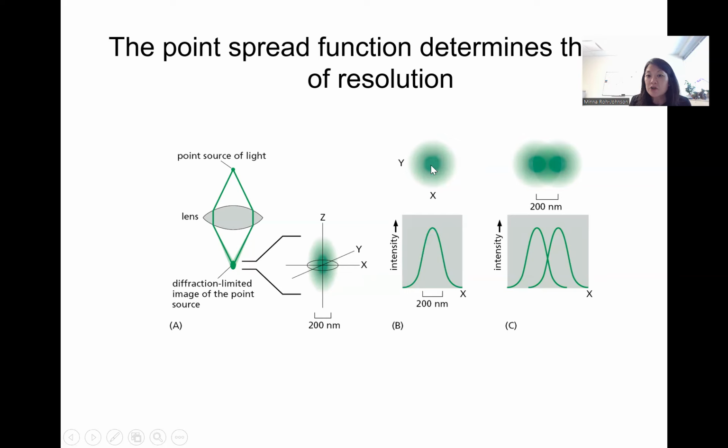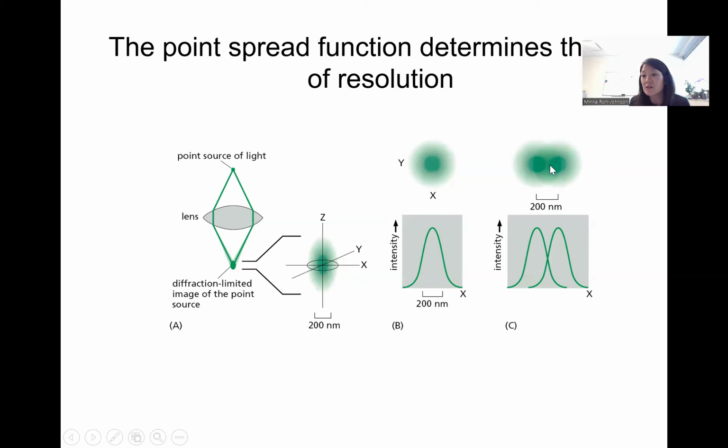It means that if you had 2 points that are really close together, because of that point spread function, they would begin to overlap. The limit of resolution for most light microscopy is 200 nanometers. And that means like if there's a sample here, like a GFP molecule here and a GFP molecule here, you might be able to resolve them as 2 separate GFP molecules if they're 200 nanometers apart.